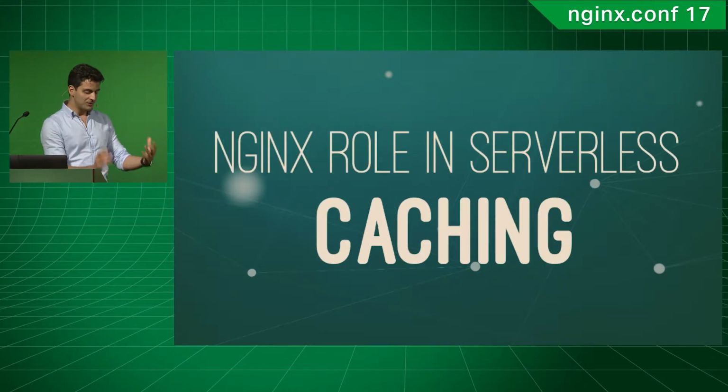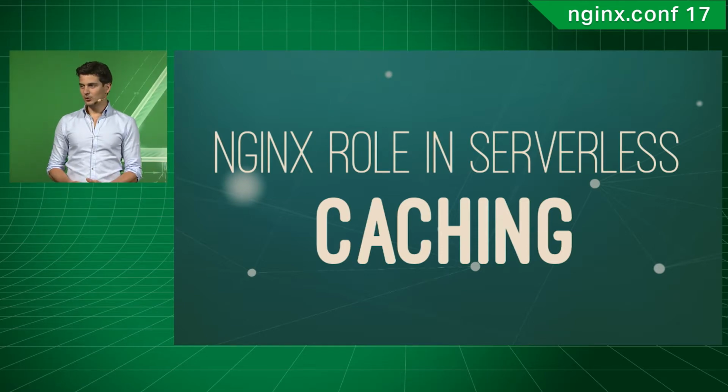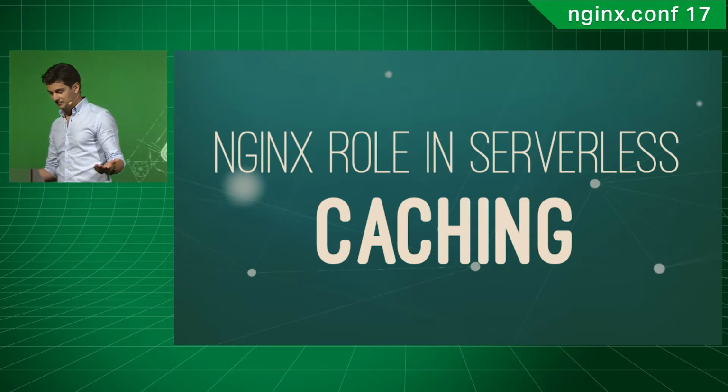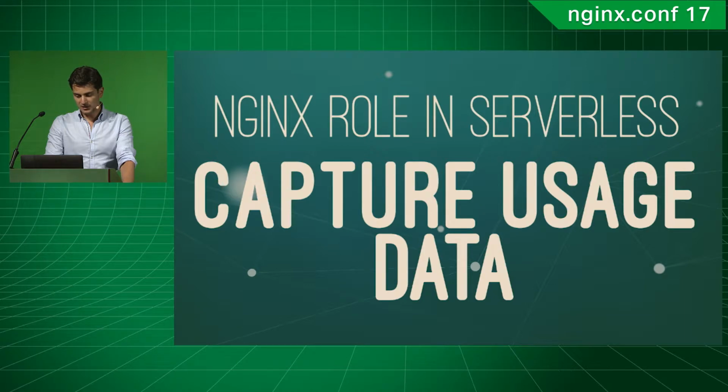Then once we're able to surface the APIs there, we get some features almost for granted, for free from NGINX. One of them is caching. NGINX does caching very nicely. Another one is, since all the traffic goes through NGINX, that's the point where we can capture the usage data.